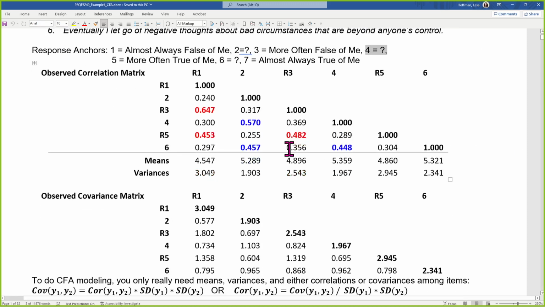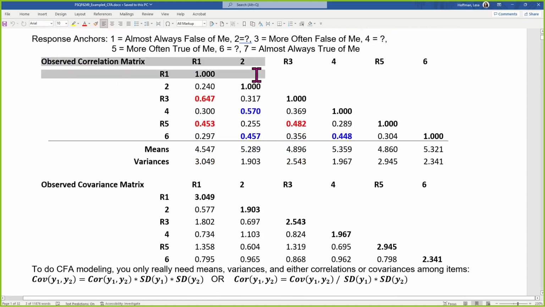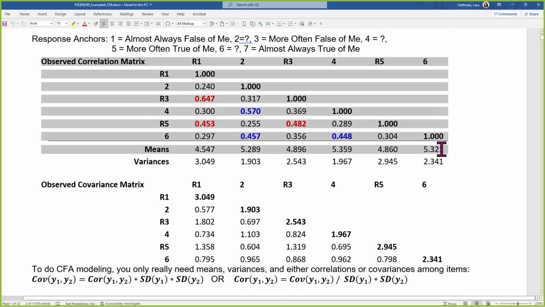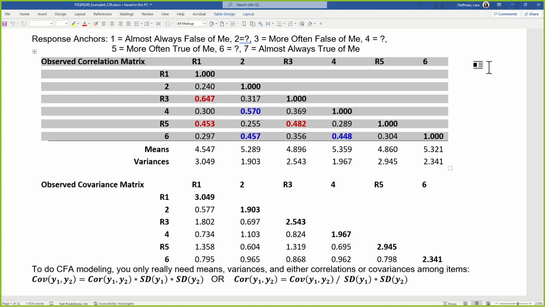So here's the correlation matrix of these 6 items. This will be the first thing that I ask you to do with your data, because this is informative. If the items aren't correlated, then what happens? Game over.